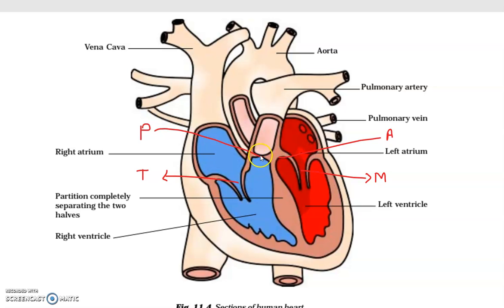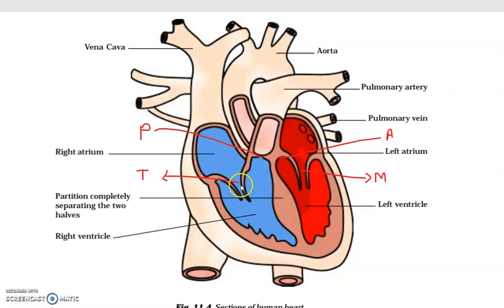When the blood is here in the pulmonary artery, this valve snaps shut to avoid the blood coming back into the ventricle. Similarly, the left ventricle blood is going upward into the aorta, and once the blood is in the aorta, this valve also snaps shut.